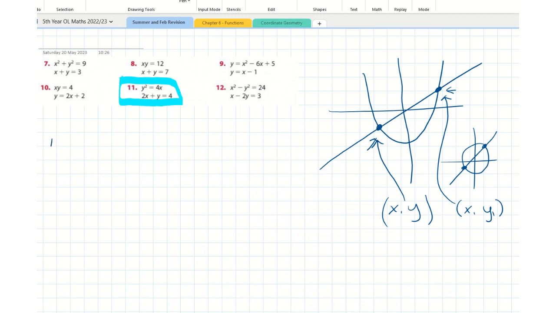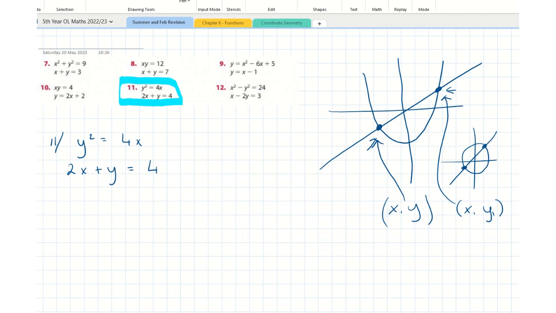So let's take question 11. In question 11, we have y squared is equal to 4x, and then we have 2x plus y is equal to 4. So let's write that down. In any equation, we can only solve it when we have one variable.